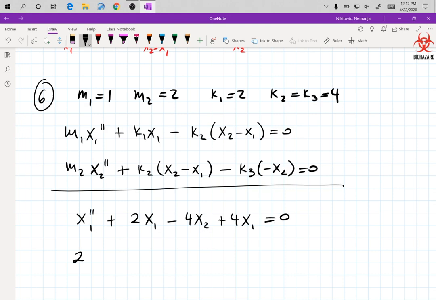Mass 2 is 2, so 2x2 double prime plus K2 is 4, 4x2 minus 4x1 plus K3 is 4, 4x2 equal to 0.